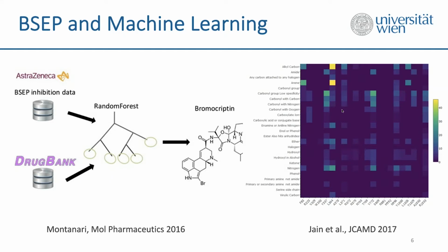Here we took this data set from AstraZeneca into a homology model of BSEP, and we extracted the ligand protein interaction fingerprints. So basically, what you see here is a heat map of substructures of ligands and amino acids and interactions.